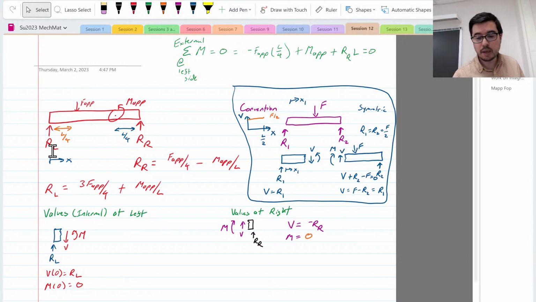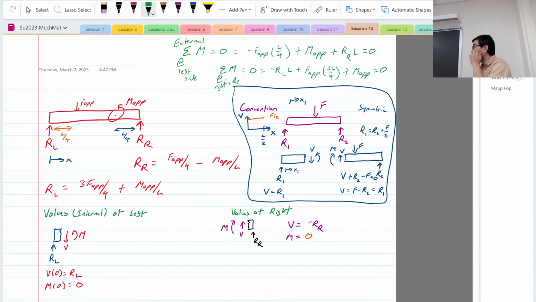Okay, if I do it at the right side, I have a negative R_L times L. I have a positive F app at 3L over 4. And I still have a positive M app. Go to 0. Okay, now, this is for external equilibrium.